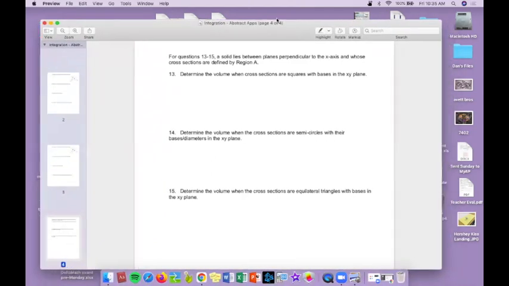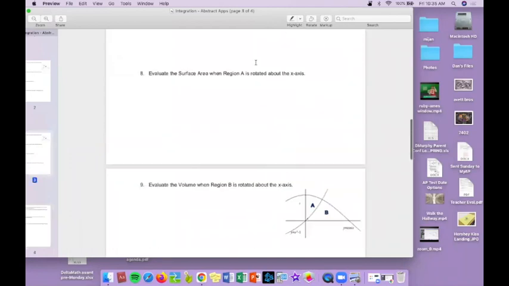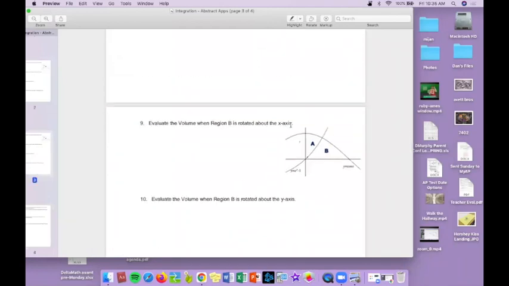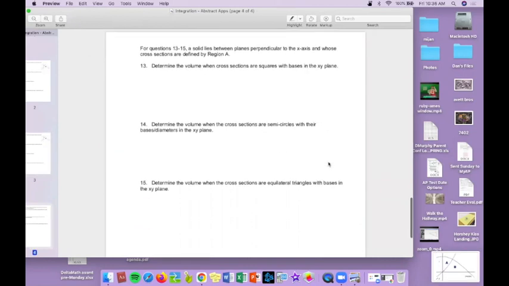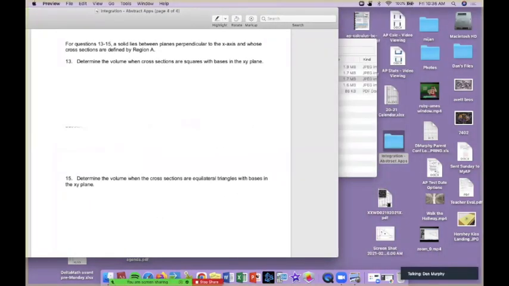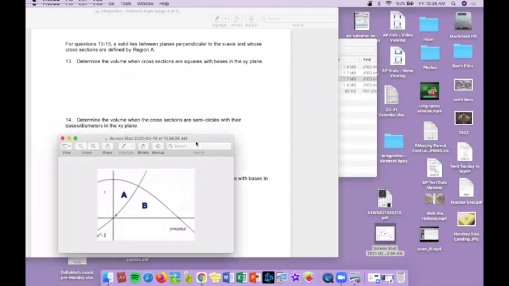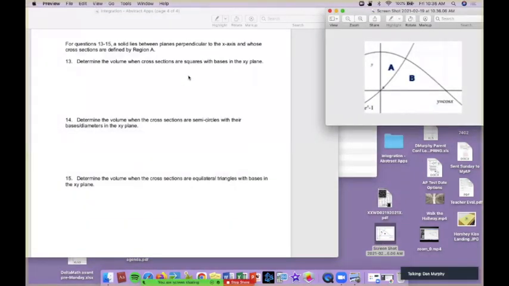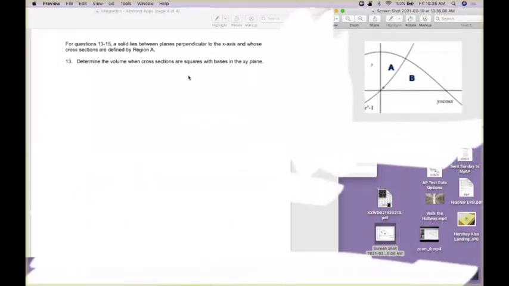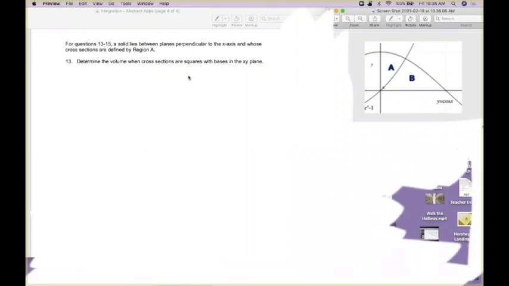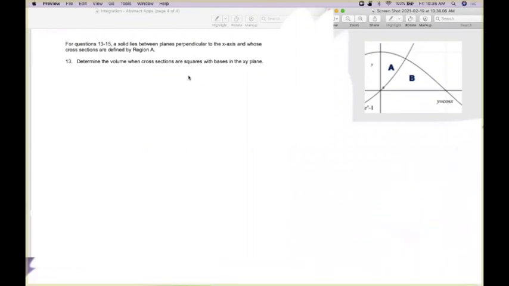All of these are dealing with region A. What I would like you to try to do is draw this, but put your XY axis in kind of a three-dimensional perspective look. Here's the X axis, and there's the Y axis.